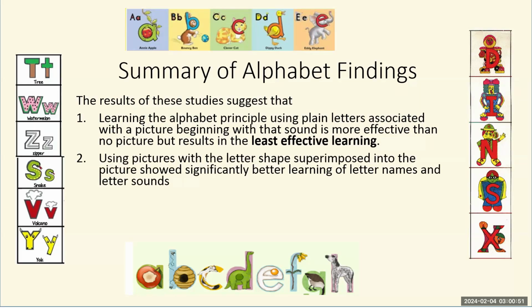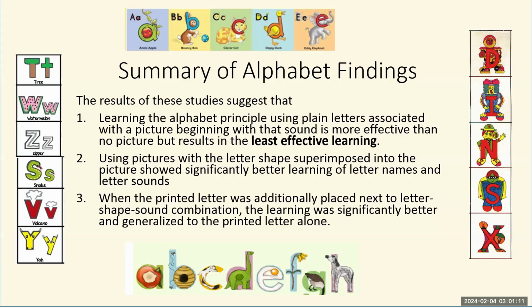Using pictures with letter shape superimposed into the picture showed significantly better learning of letter names and letter sounds. So now if the shape looks like the sound, that's helpful. When the printed letter was additionally placed next to the letter shape and sound combination, the learning was significantly better and generalized to the print alone better.